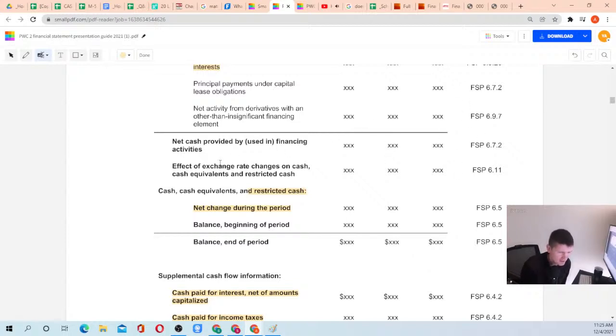You might also have exchange rate impacts. If you have balances in different currencies or subsidiaries in different countries which operate in different currencies, you need to read statement of cash flow guidance very carefully in respect of foreign exchange gains and losses. Foreign exchange gains and losses is a big pitfall in cash flow statements.